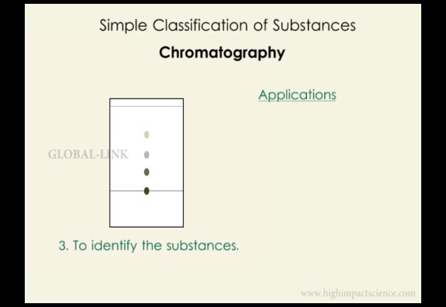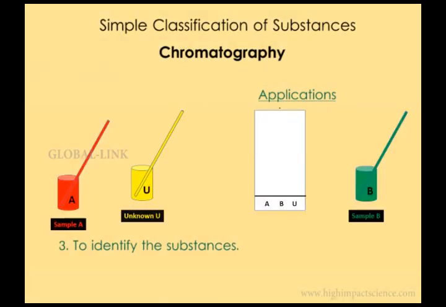So we don't just want to see the substances separate, we want to know what they are. This could be based on their RF values, or alternatively, we can run a known substance along to find whether any components move the same distance. For example, if you have two known substances A and B and an unknown substance U, you can run them simultaneously on a paper chromatography.